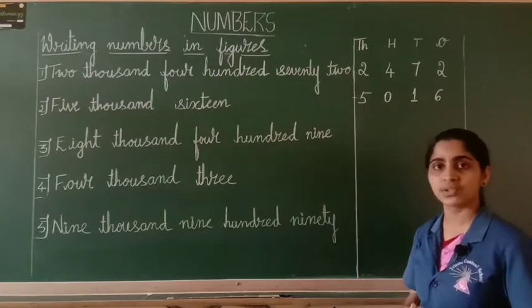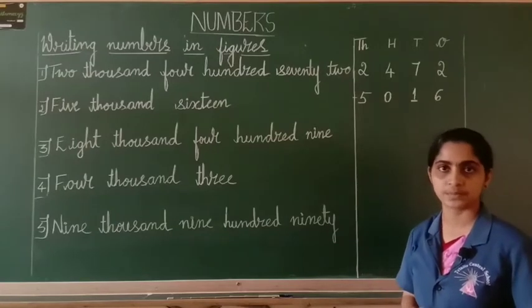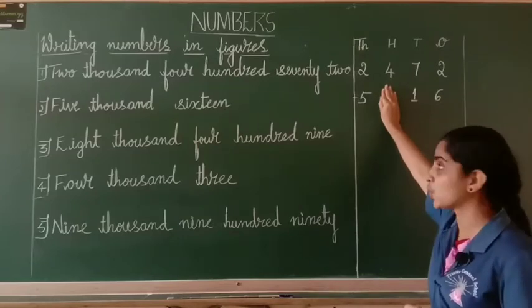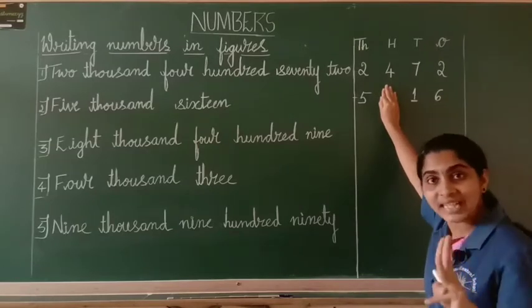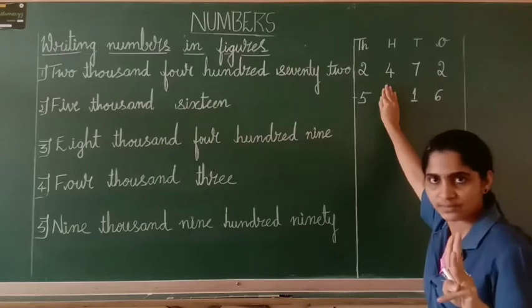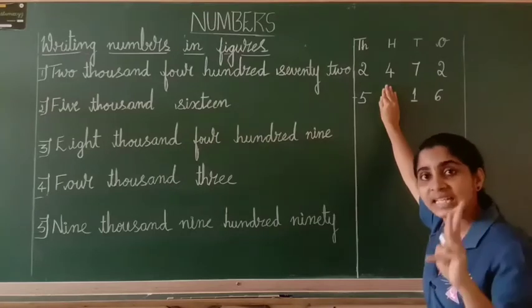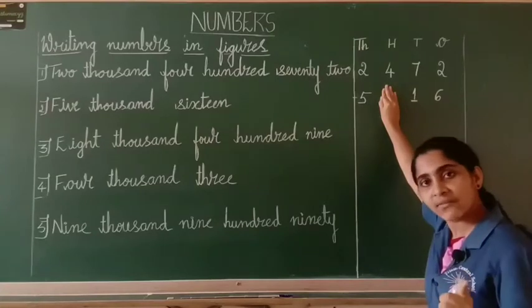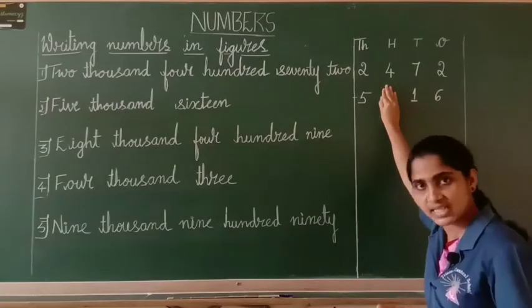If we don't put 0, what will happen? Observe here. When I remove 0 here, you can see only 3 digits, right? There are only 3 digits. So when we read this one, it will be 516.